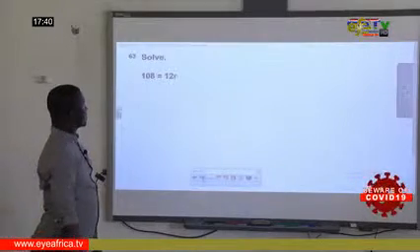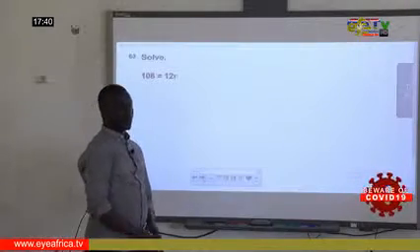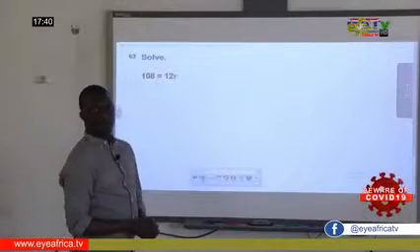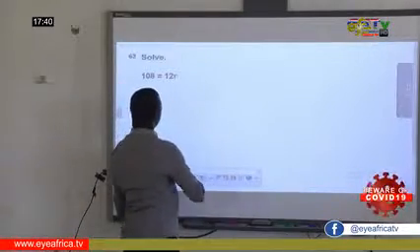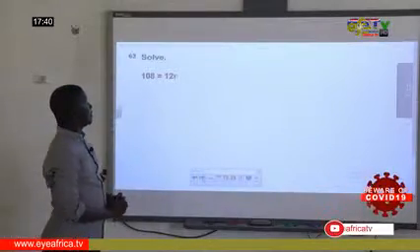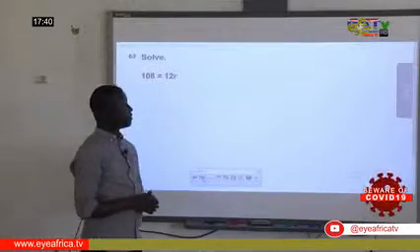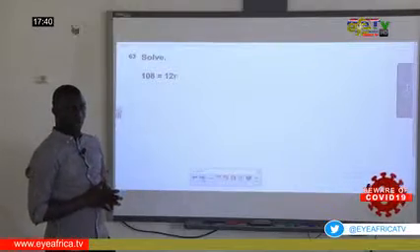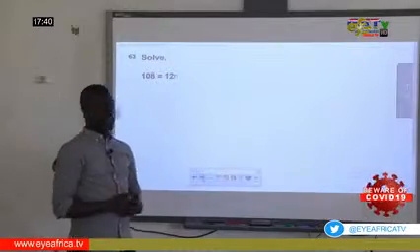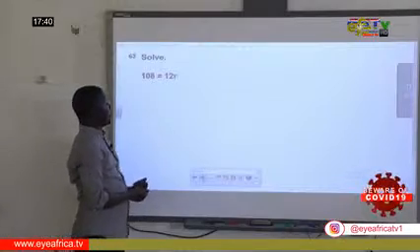Solve 108 equals 12R. 108 equals 12R. We did something very similar to this. 12R means 12 times R. So the operation here at hand is a multiplication, and the inverse of multiplication is division.